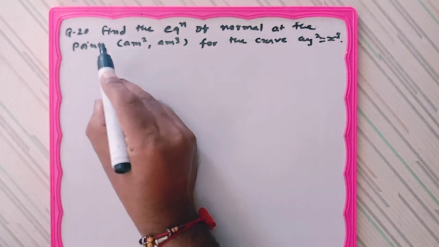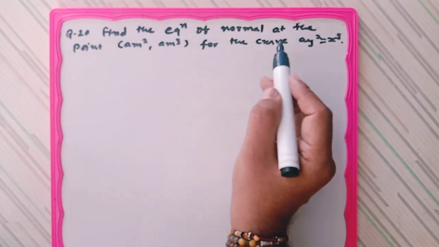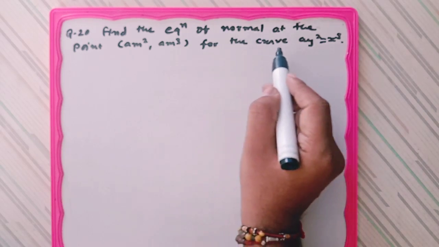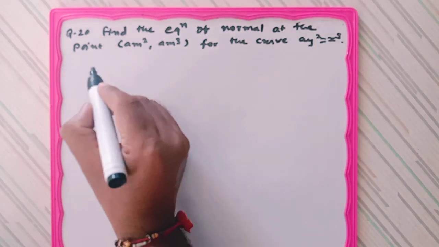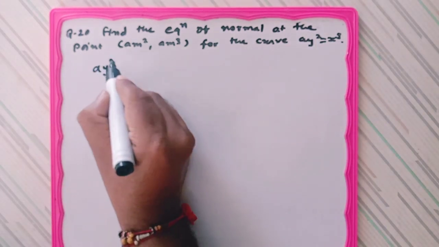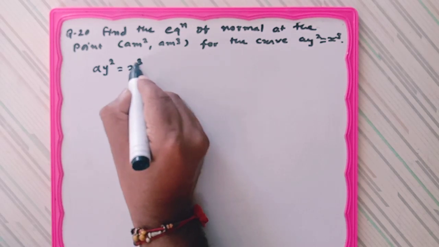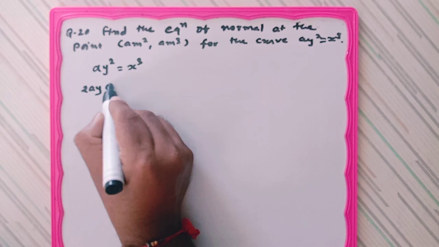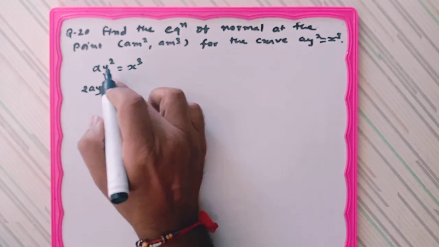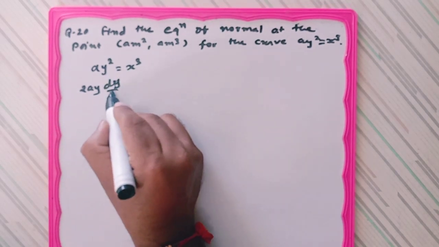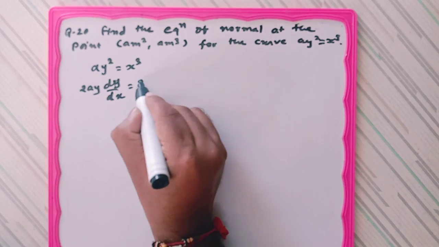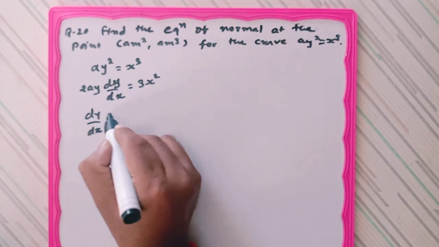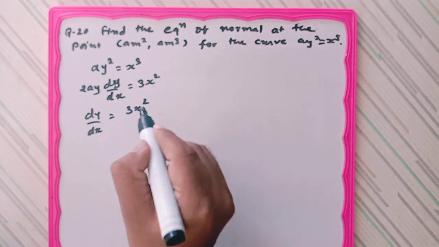We have question 20: find the equation of the normal at the point (am², am³) for the curve ay² equals x³. So we have the curve ay² equals x³, and we differentiate with respect to x, then 2ay dy/dx equals 3x², and so dy/dx equals 3x² upon 2ay.